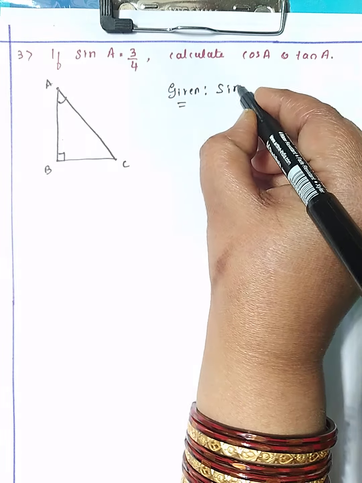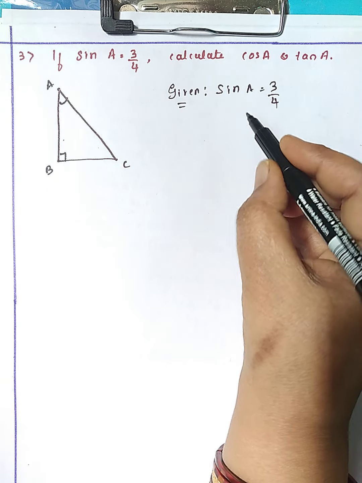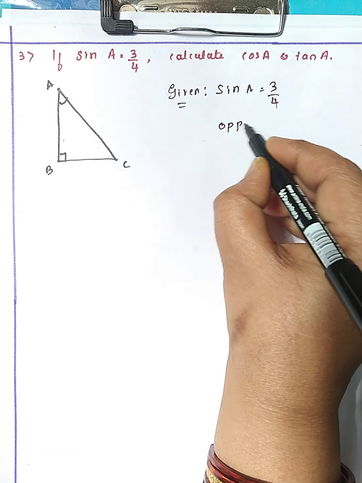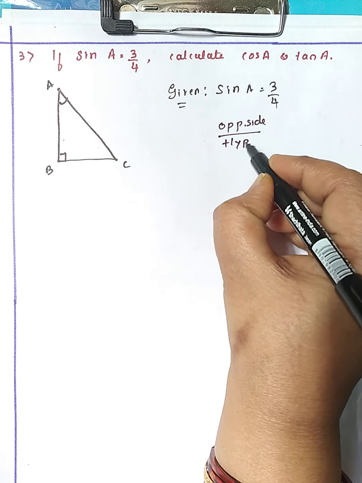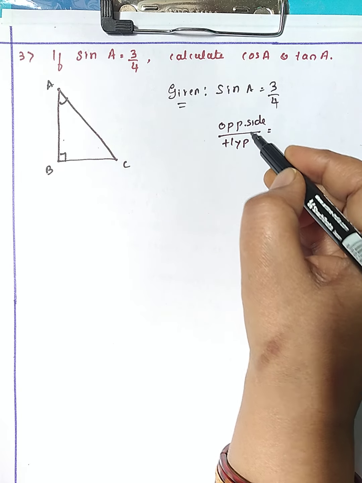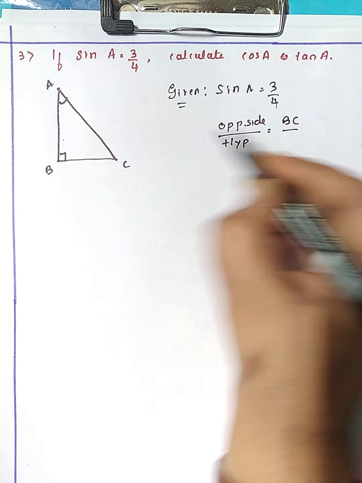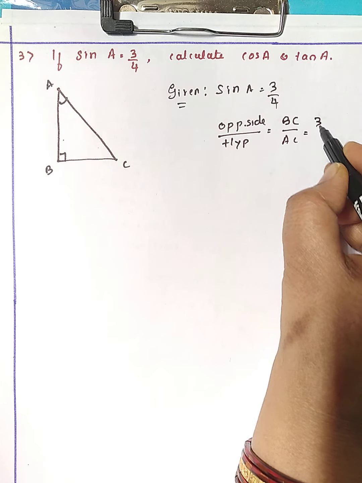Given is sin A equal to 3 by 4. But sin A is what? The ratio is opposite side by hypotenuse. Opposite side for sin A is BC and hypotenuse is AC, means 3 by 4.